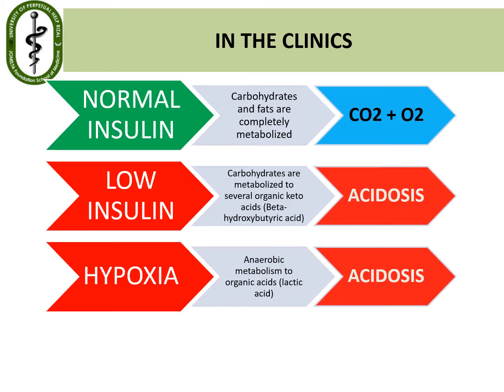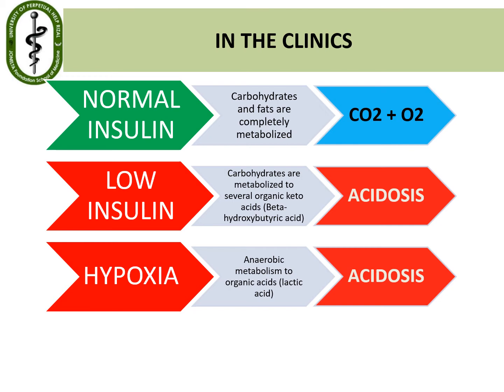In the event that there is normal insulin, wherein the metabolism of carbohydrates and fats is good, they are completely metabolized and just produce carbon dioxide and water. But in conditions where there is low insulin, either by resistance, insensitivity, or incapacity of the pancreatic beta cells to produce insulin, there will be a state of high glucose content in the blood, termed hyperglycemia.